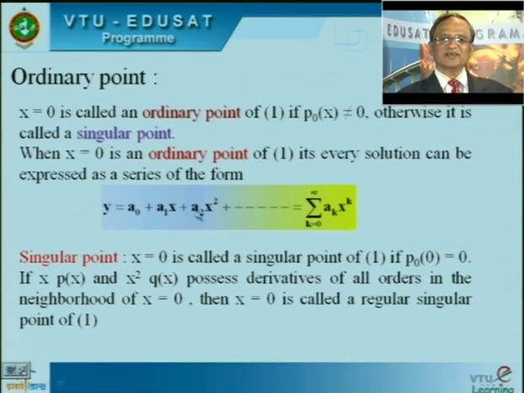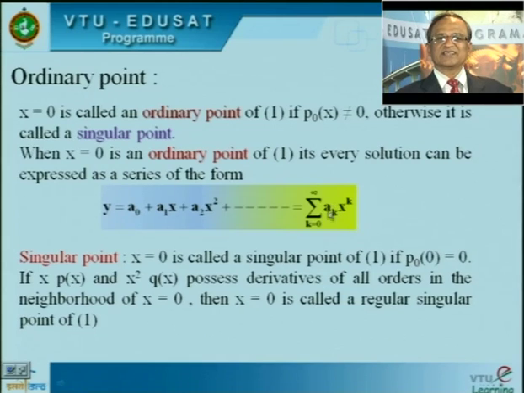The nth term is an x to the power n. The same thing can be written using the summation of ak into x to the power k, where k varies from 0 to infinity.